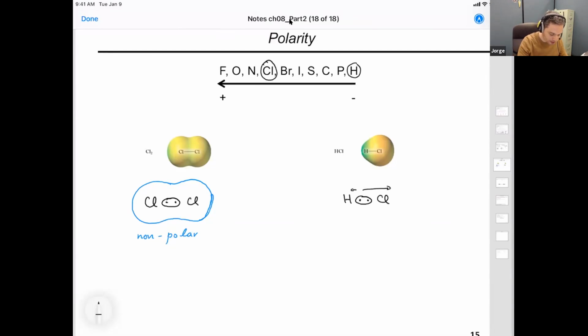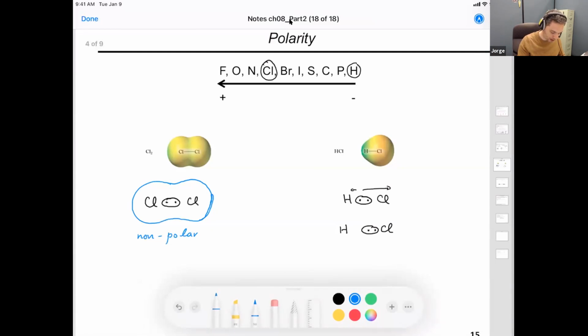Therefore, in this chemical bond, the pair of electrons is much closer to the chlorine than the hydrogen. Okay, so there is an atom that's winning the pair of electrons. Therefore, there is a pull and there is a concentration of the electron density closer to the chlorine.